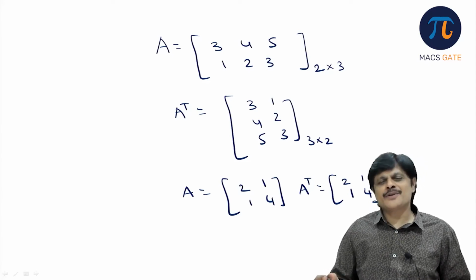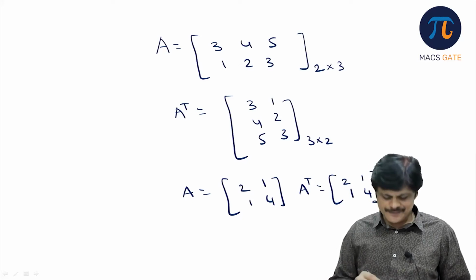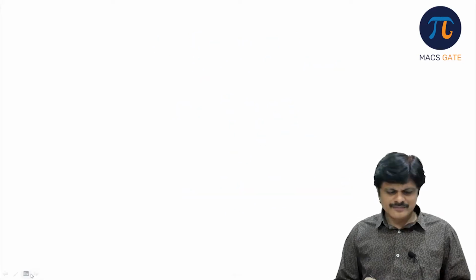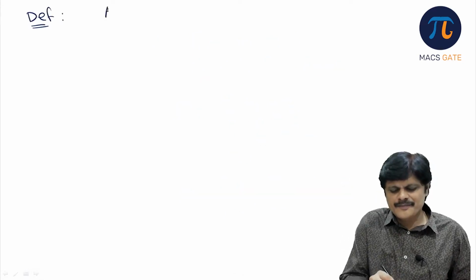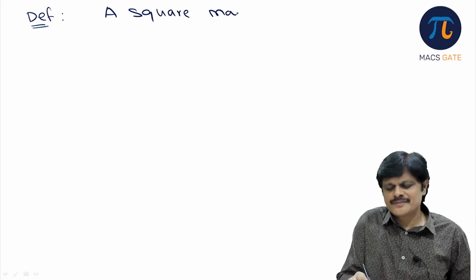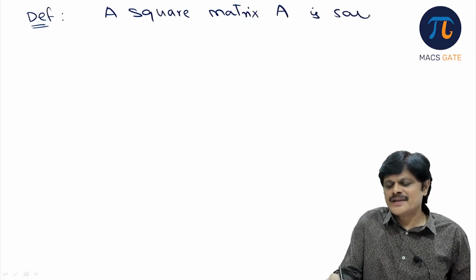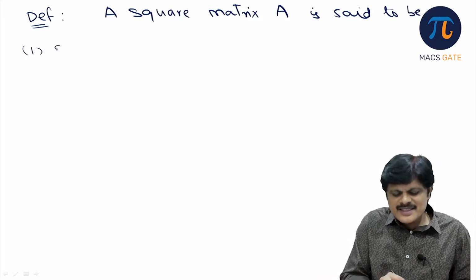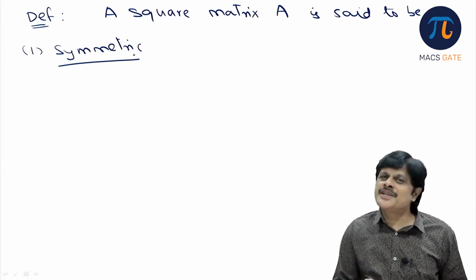Similarly, we also define the other matrices, skew symmetric and orthogonal. Let us see one after the other. Definitions. A square matrix A is said to be symmetric if some condition is satisfied.